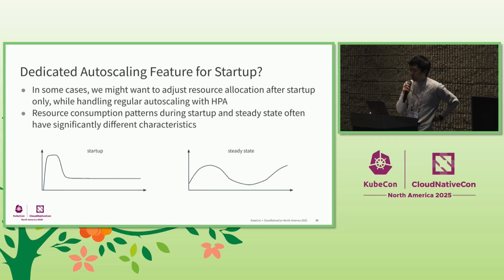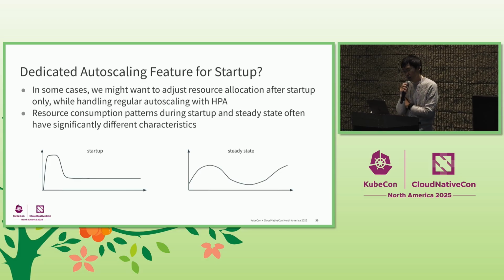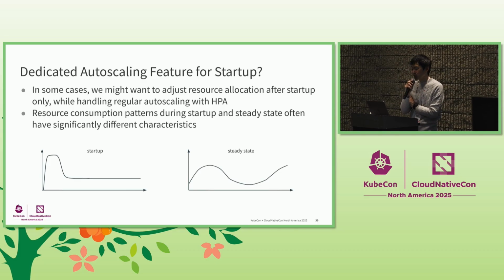And I've also been thinking about having a dedicated autoscaler for reducing resources only after startup. I think this could be valuable for two reasons. First, many teams want to use HPA for normal autoscaling and would prefer to use resizing only after startup.